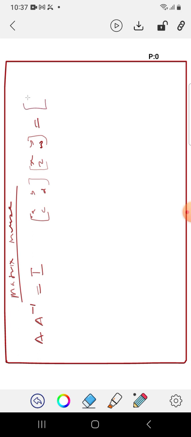The identity matrix is a diagonal matrix which has 1 in the diagonal and 0 in other places. So when you multiply these, it must give you that.